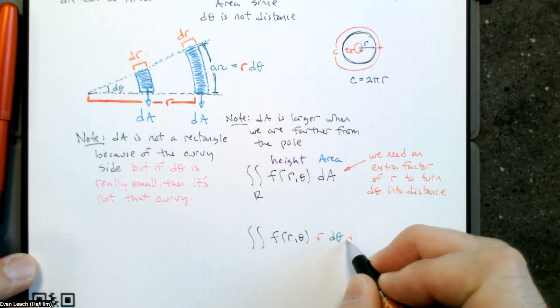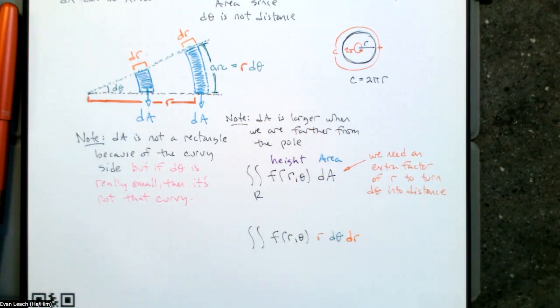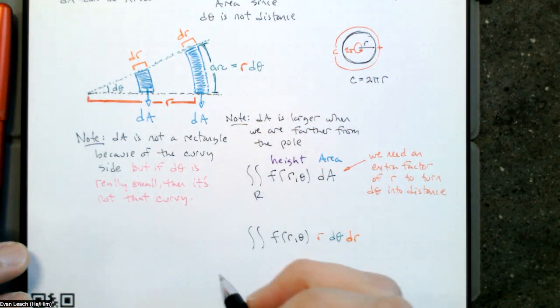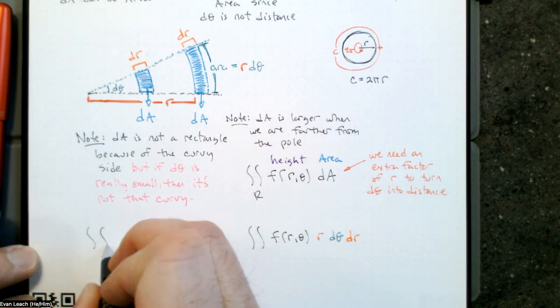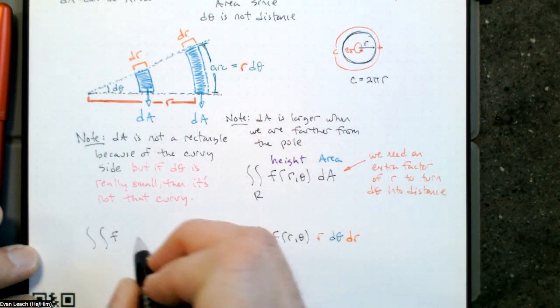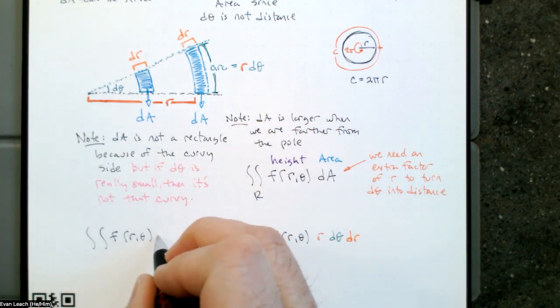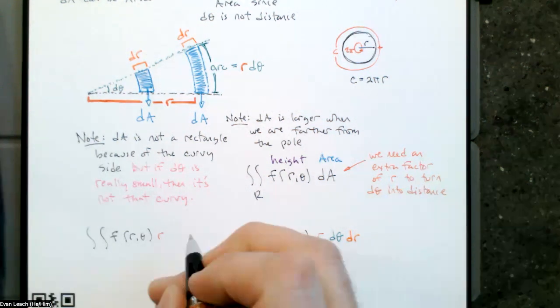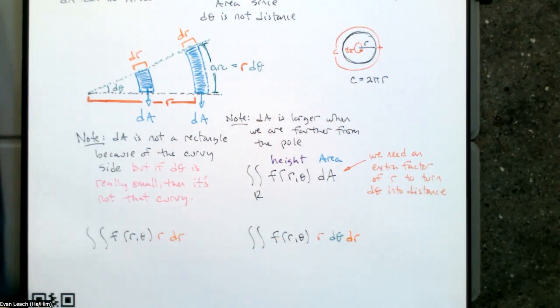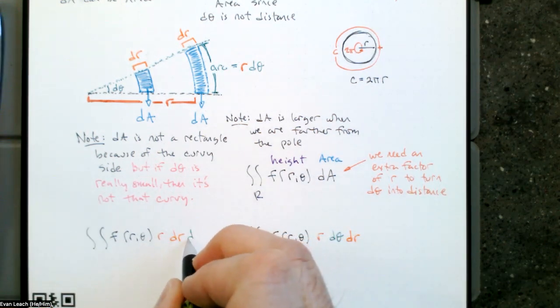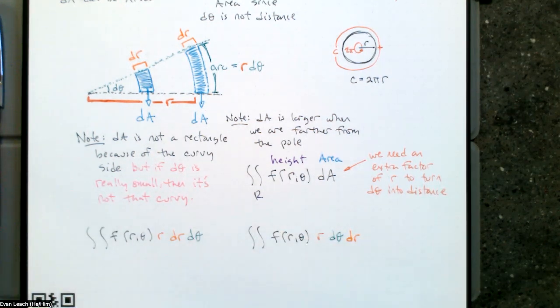And then a dr. dA is r d theta dr, or r dr d theta. dA just pulls an extra factor of r.